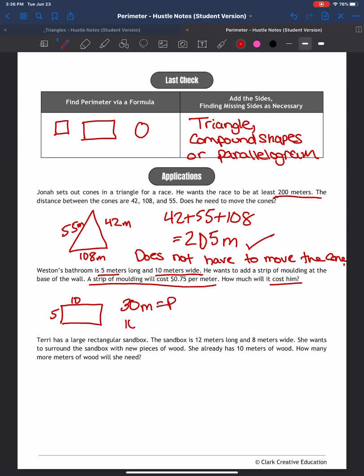I figured that out by doing 10 plus 10 plus 5 plus 5, which equals 30. Now I need to take this amount and multiply it by 75 cents. So you have 30 times 0.75, which would be his total cost, $22.50. That is his total cost.